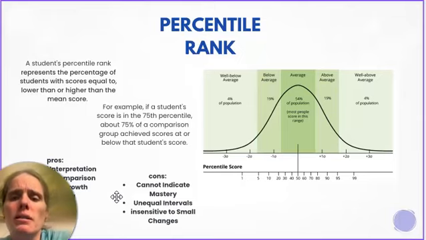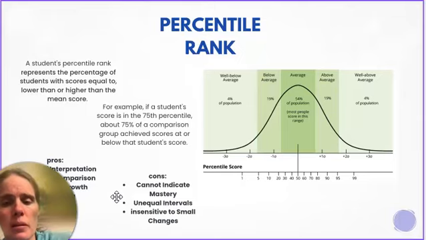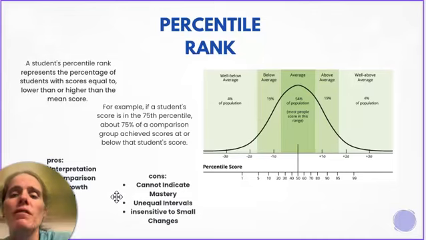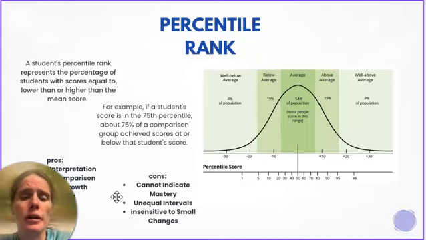And in this, most times the mean is represented as 50%. Anything above 50% is considered above average or well above average, and anything below 50% is considered below average and well below average. You can tell in the chart here.